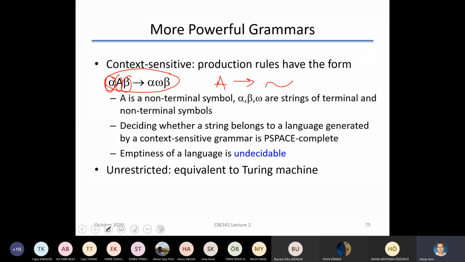However, these are not easy. Even with context-free grammars, we have seen that parsers for such a grammar are difficult. There are cases where we cannot actually do it. Here, the emptiness of a language, even in this case, is an undecidable problem.